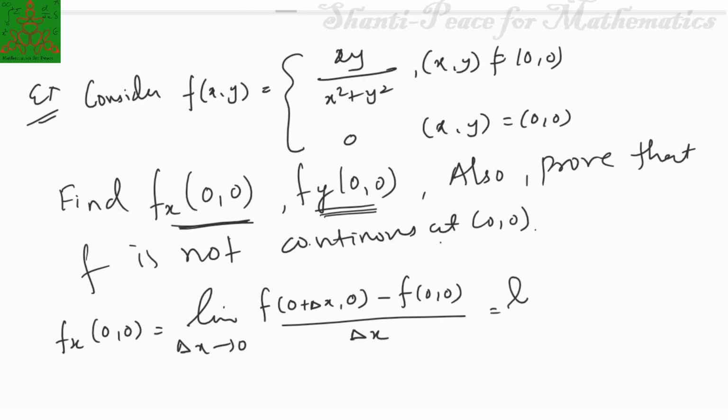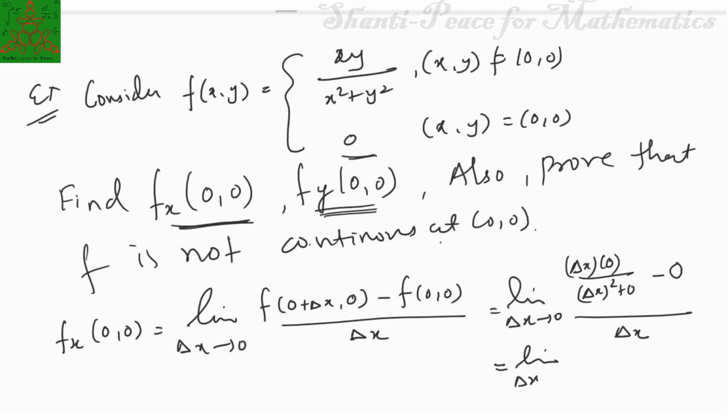Applying the definition of f, xy upon x square plus y square, it is delta x into 0 upon delta x square plus 0, minus f of 0, 0 which is 0 as given. So it is 0 upon delta x. If you simplify this, it gives the limit as delta x tends to 0 of 0 upon delta x, so that turns out to be 0.